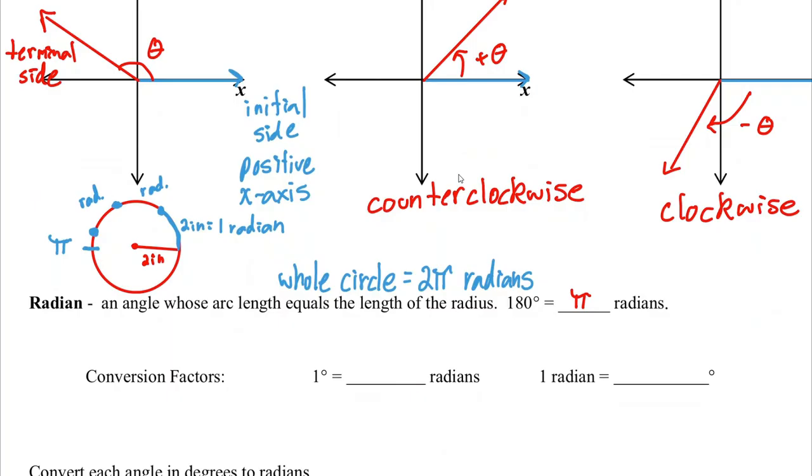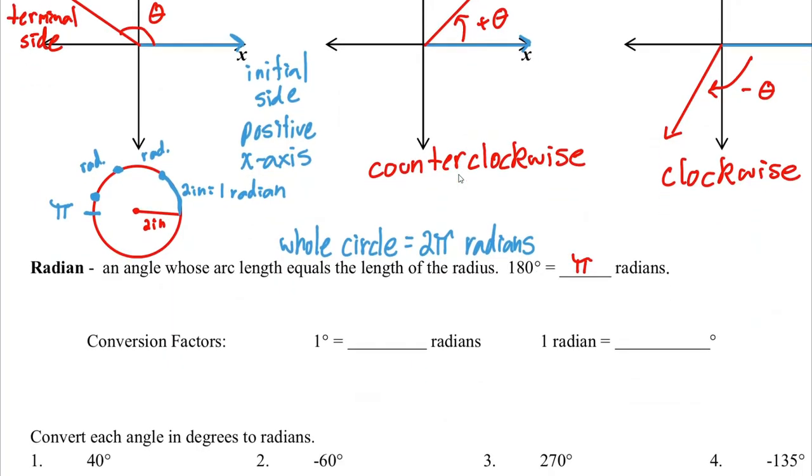So we're allowed to do this because 1 degree is pi over 180 radians, and 1 radian is 180 over pi degrees. Again, this is because 180 is equal to pi radians. Okay, so we can use these factors to convert between radians and degrees and vice versa.